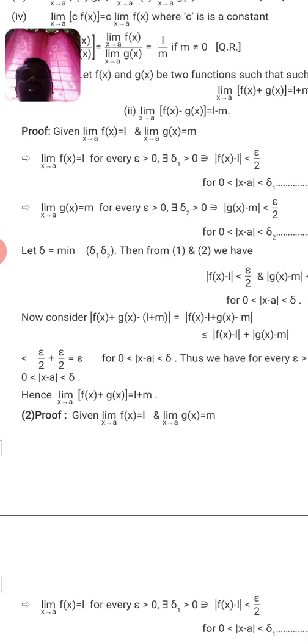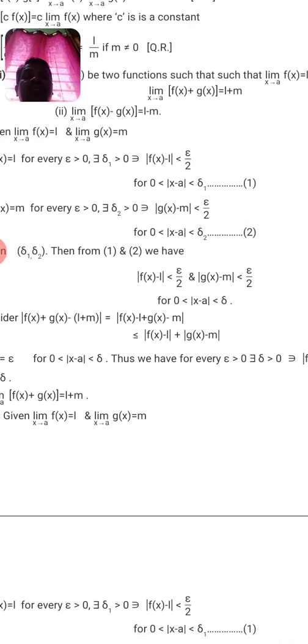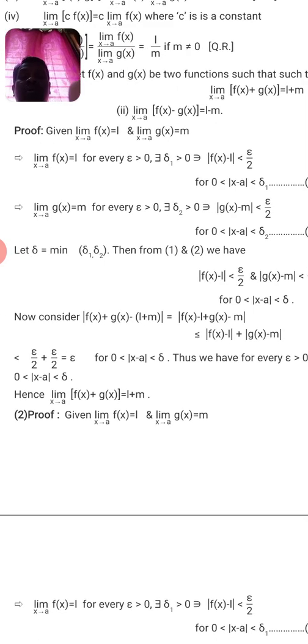Let delta be equal to the minimum of delta 1 comma delta 2. Then from equations 1 and 2 we have modulus f(x) minus L less than epsilon by 2 and modulus g(x) minus M less than epsilon by 2 for 0 less than modulus x minus a less than delta, where delta is the minimum of delta 1 comma delta 2, as you see above.